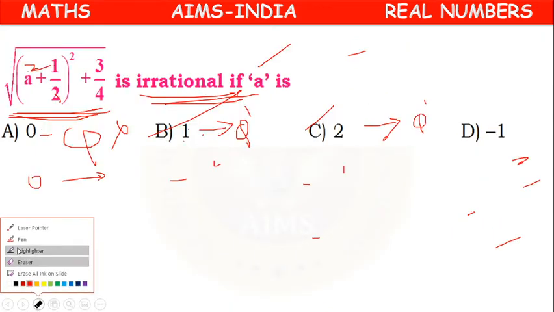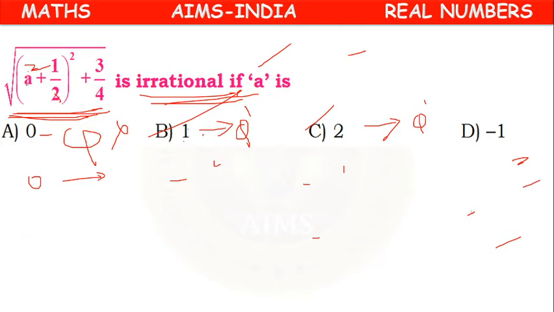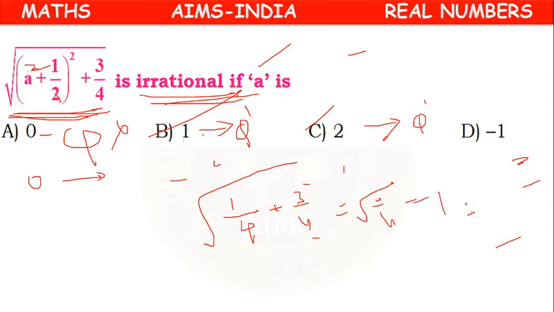If we keep minus 1, so minus 1 plus 1 by 2, minus 1 by 2. Minus 1 by 2 whole square, 1 by 4 plus 3 by 4 equals root of 4 by 4 equals 1, which is a rational number.